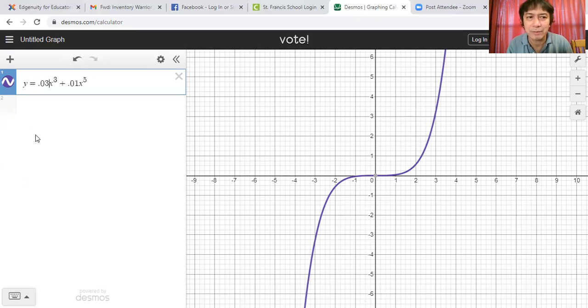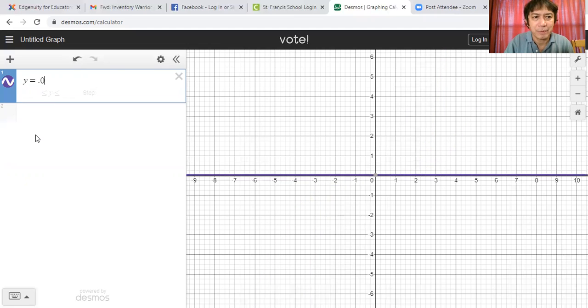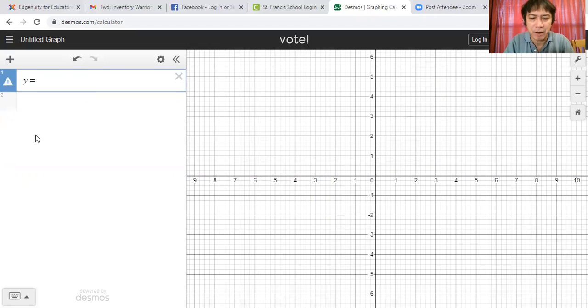So 3 and 5 are odd numbers. All right, so there's another type of equation, trigonometric. This is the sine function. This is considered odd.